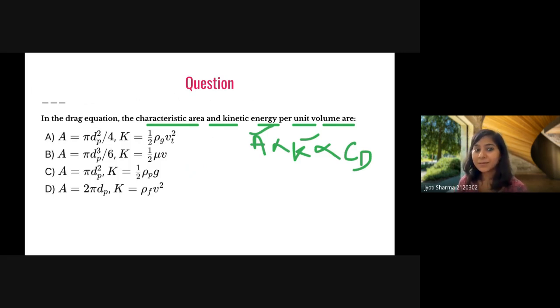Not B. Can you tell me if we do have kinetic energy, then what is the formula of that kinetic energy? Something like 1 by 2 mv square. And if we are talking about the area of a sphere, then it is pi r square.